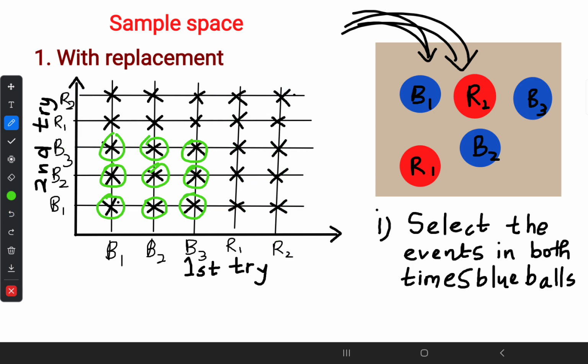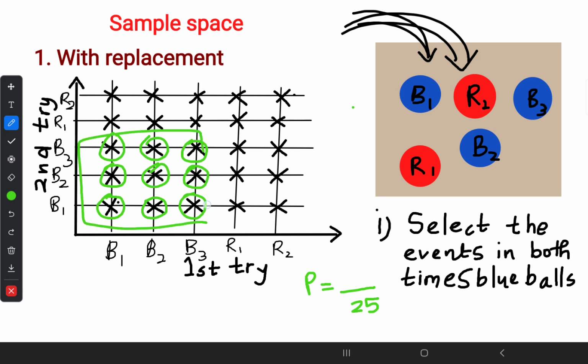So finally we found the events we require here. Totally there are 25 events, and you should write the probability for the given requirement: select the events in which both times are blue balls. Of the 25, we don't want all events for the requirement.